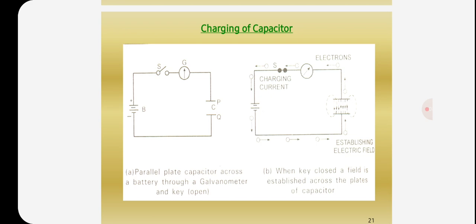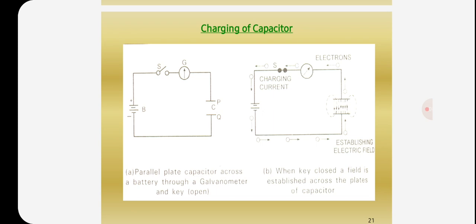So, charging of a capacitor. Here a capacitor has plates A and B connected across a battery of V volts.